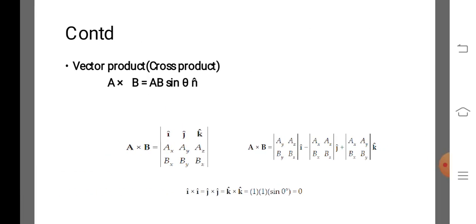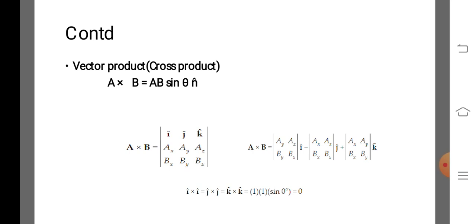Next, the second classification is the cross product or vector product. This vector product is denoted by the multiplication symbol, the scalar product by the dot symbol, and the vector product by the cross symbol. So the formula comes out as a cross b equal to ab sin theta n cap.